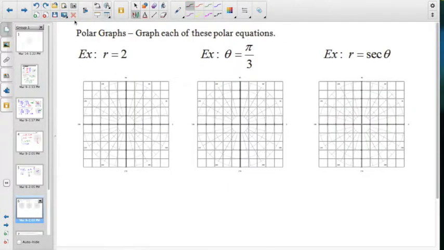For these three, we're actually graphing now things in polar form. So if we take a look at these, it says graph r equals 2.